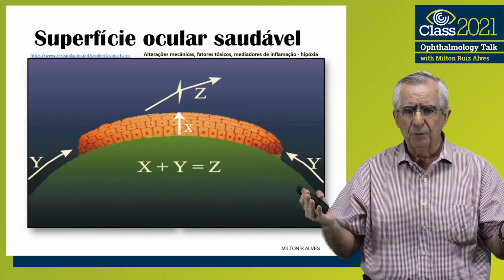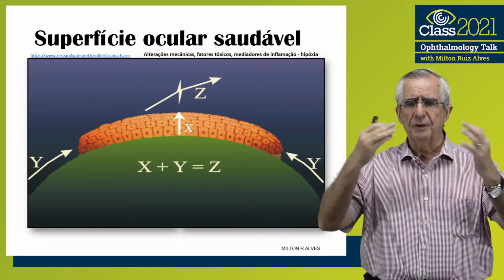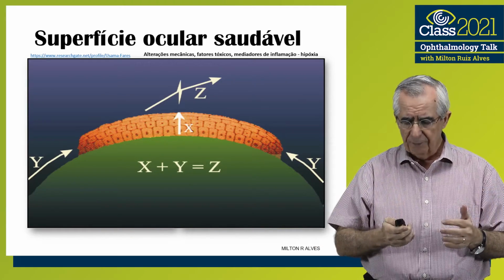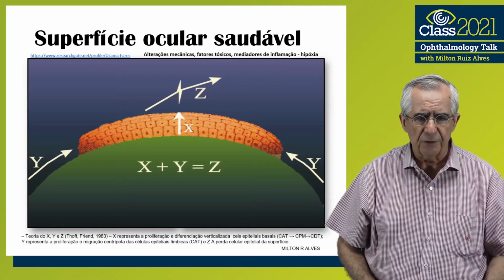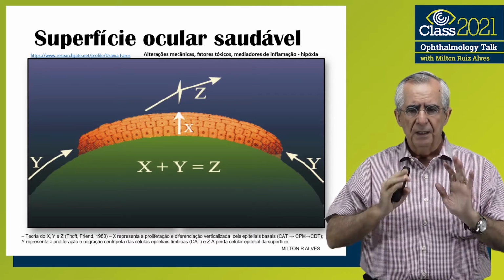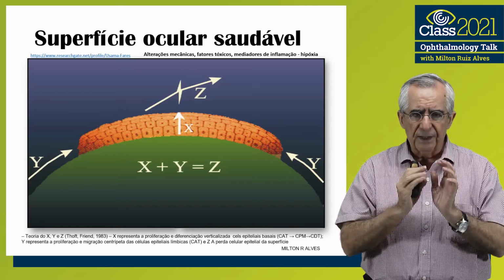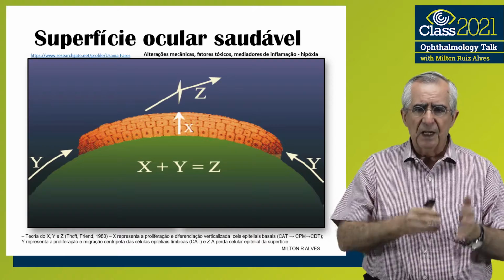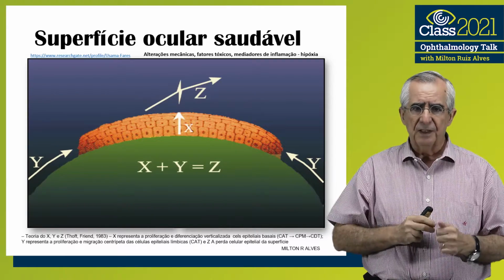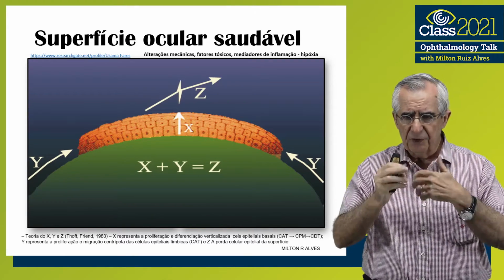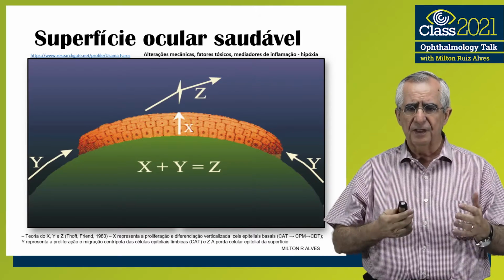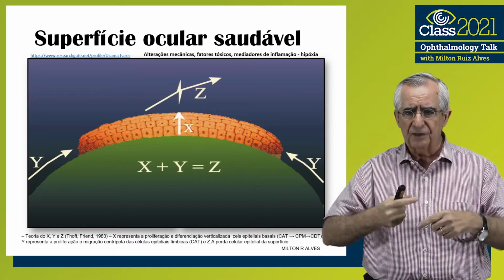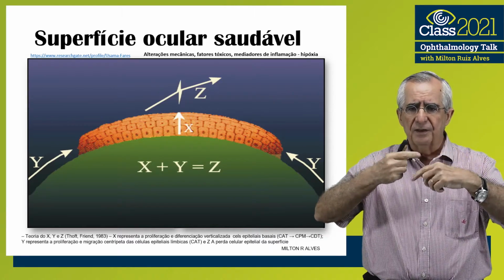So that there is harmony on the ocular surface between the processes of desquamation and cell regeneration, we have Thoft's X, Y, and Z theory, in which the X represents the centripetal migration of the basal cells that then transform into transient amplifier cells, then post-mitotic cells, and finally terminal transient cells that will then desquamate.